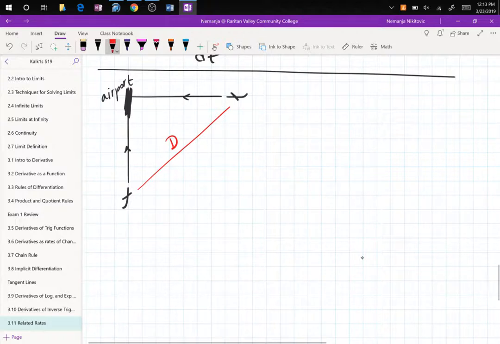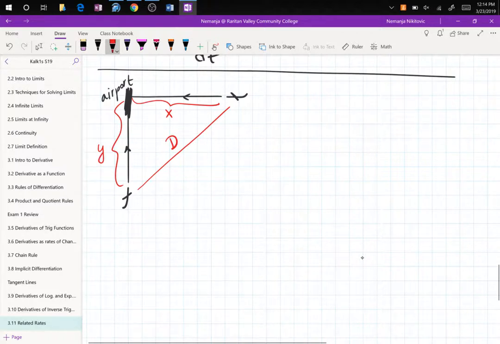The airplane that goes due west is traveling on the x-axis, and the one that is going due north is traveling on the y-axis. The distance to be covered here is distance x, and the distance here is distance y.